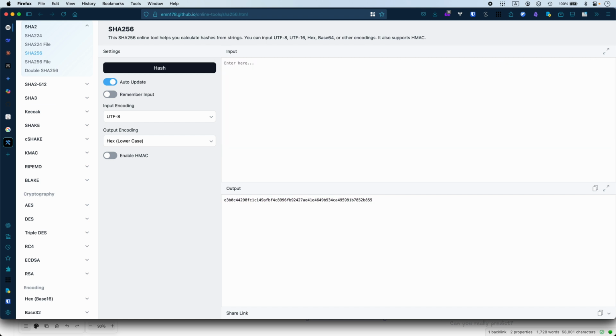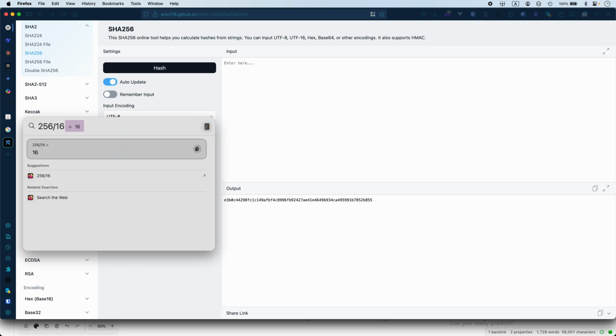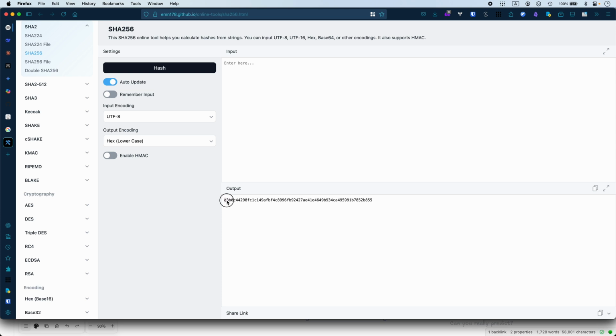For example, again, I'm taking SHA-256 as an example, and if I say 256 by 16, or 256 by 8, that is 32 bytes. I think there will be 64 digits here. Okay, 1 2 3 4 5 6 7 8 9 10.